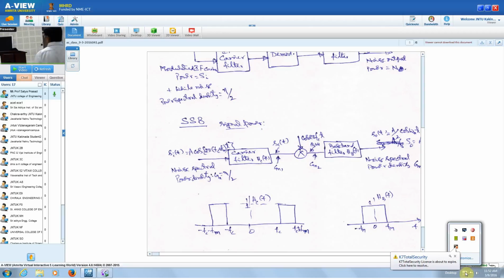I am assuming that this is the upper sideband that has been transmitted, right? That's why I put FC plus FM here. The signal is SI(t) equal to A cos 2 pi (FC plus FM) t, with amplitude A. If we have a lower sideband, this is going to be FC minus FM. Otherwise it is the same thing, only the spectrum has to be different.